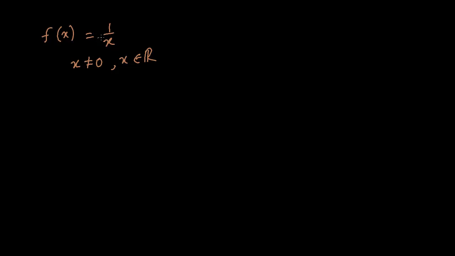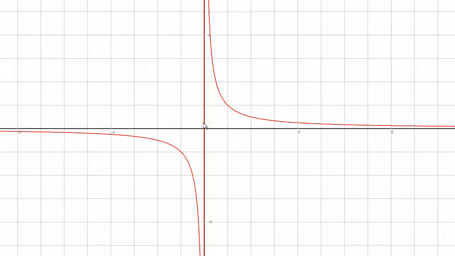Now this particular function is a bit strange, so we cannot readily find the range unless additional information is given. For the other functions we can find the range without any additional information, but here we need additional information. Let me show you why. Take a look at the function y equals f(x) equals 1 by x.